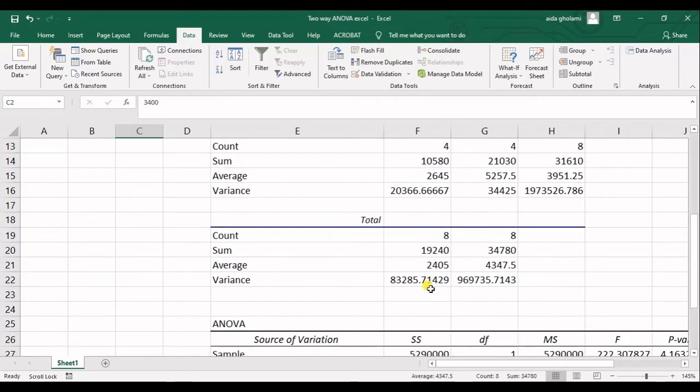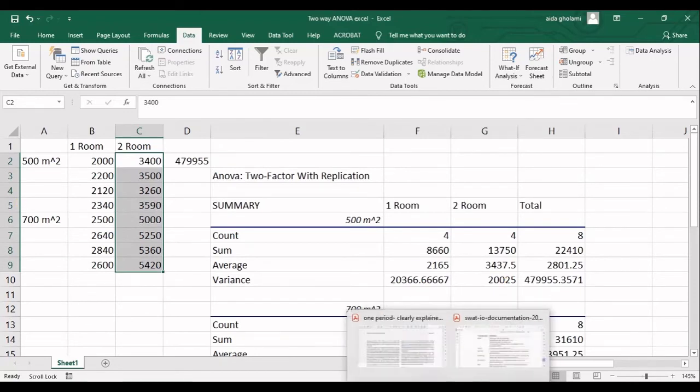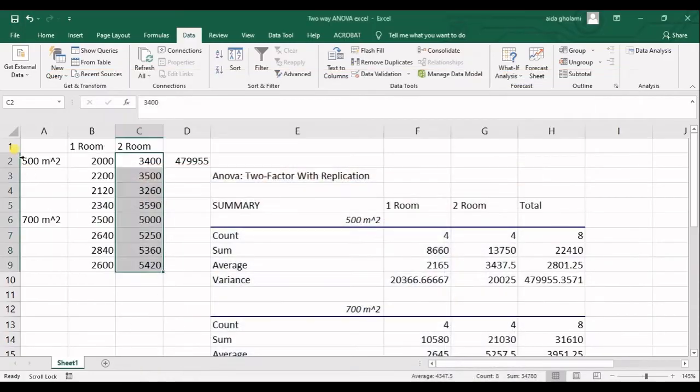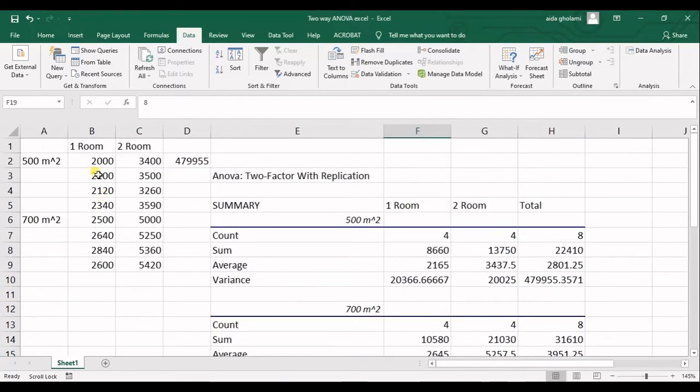If I had another shape of table, this variance or average, where you can see the total of 8 in here, is for room. If I had the other shape, it was for 500 meter. So it was maybe this part, but now it is this part.